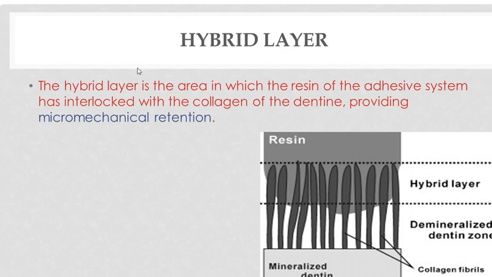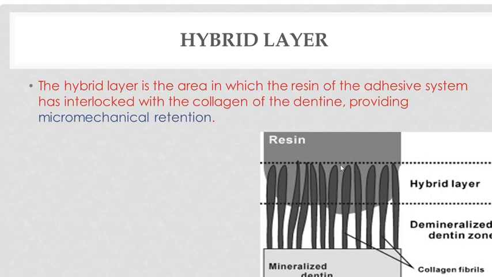Hybrid layer. What is a hybrid layer? It's an area in which the resin of the adhesive system has interlocked with the collagen of dentin, providing micro-mechanical retention. And this is what we want to achieve: micro-mechanical retention. Let's look at this diagram here. These are the collagen fibrils.